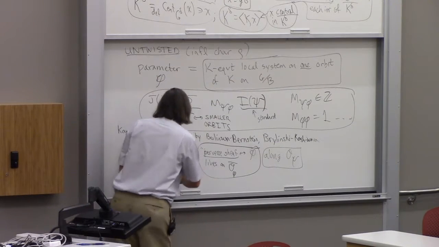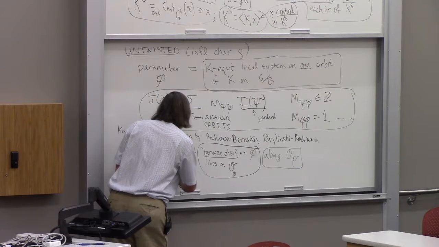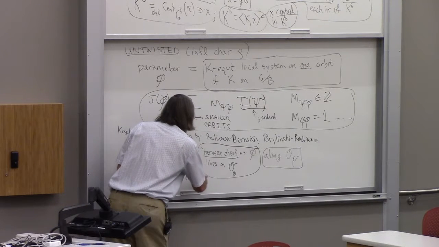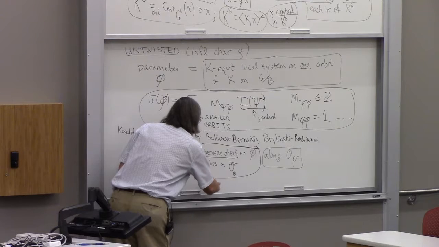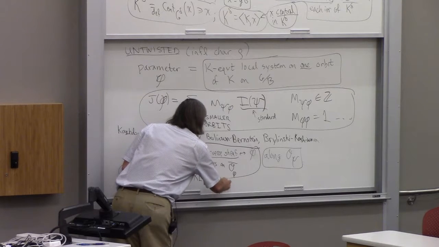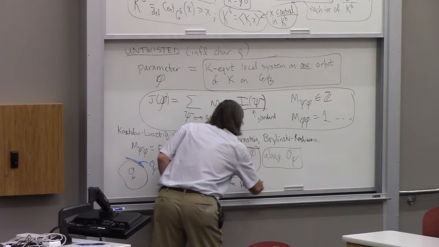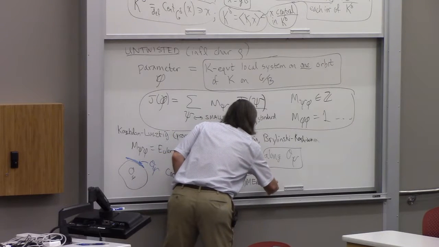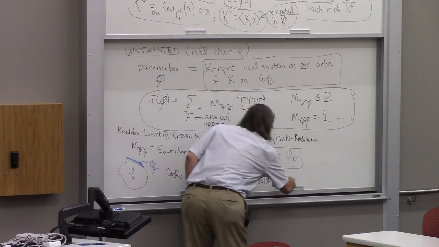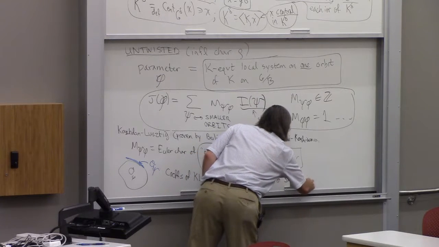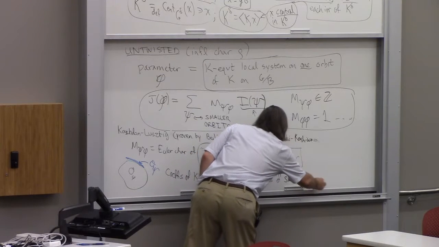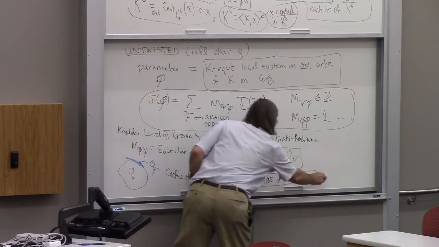And the coefficients of these Kazhdan-Lusztig polynomials are dimensions of this sheaf cohomology. Okay.